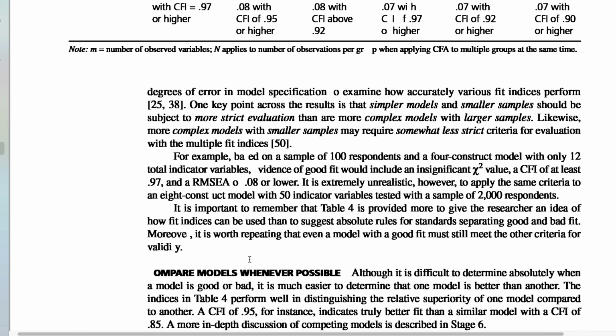One key point across the results is that a simple model with a smaller sample should be subjected to stricter evaluation than a more complex model with a larger sample. Likewise, a more complex model with a smaller sample requires less strict criteria for evaluating multiple fit indices.